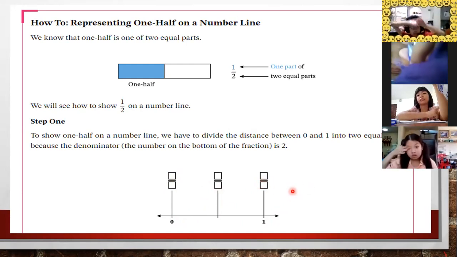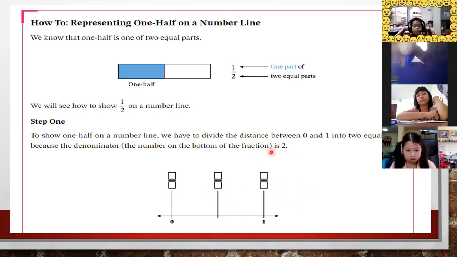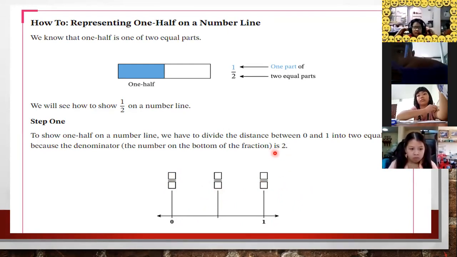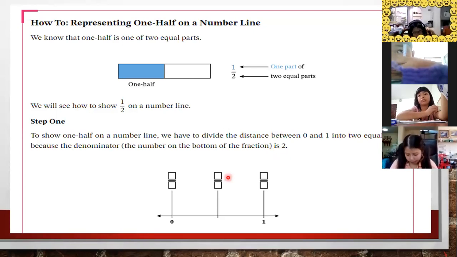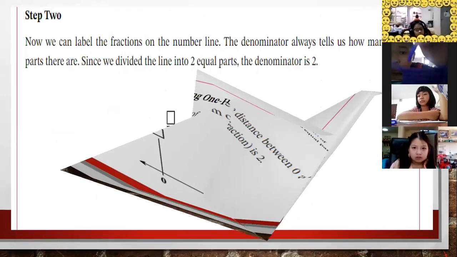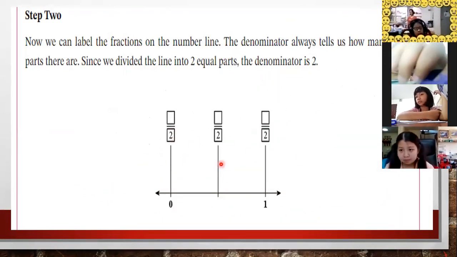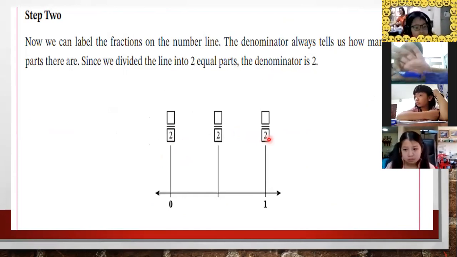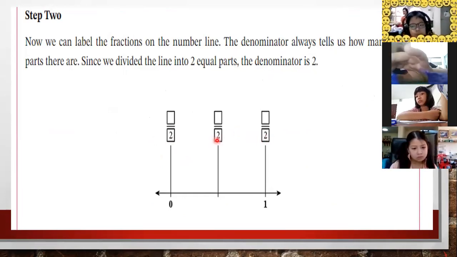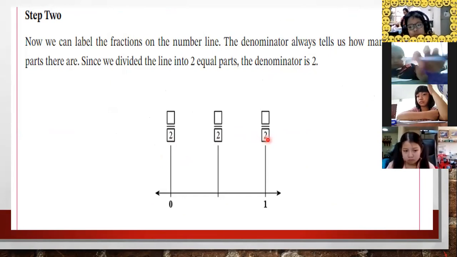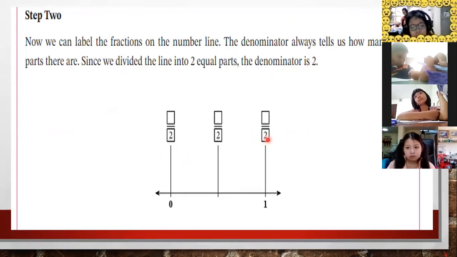Because the denominator is 2, you write 2, 2, and 2, since we divided the line into two equal parts.